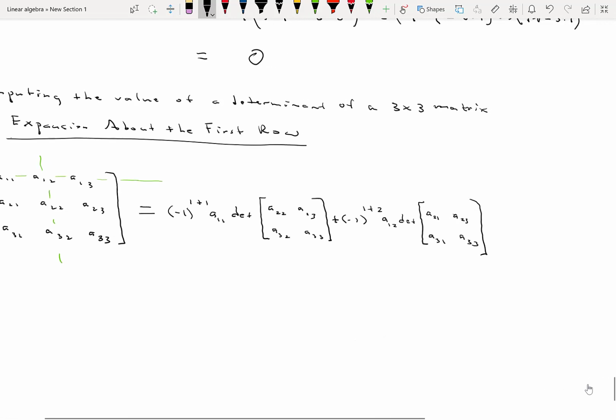Okay, I'm going to keep going. Let's take away that green line through the second column. Let's take that little green line and put it through the third column.